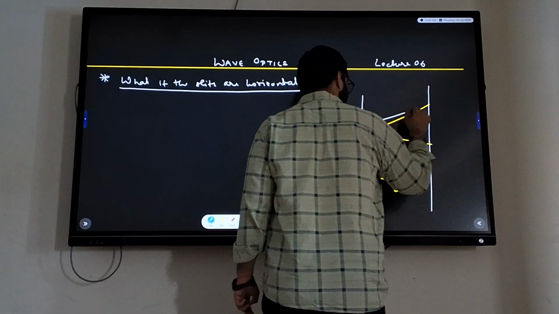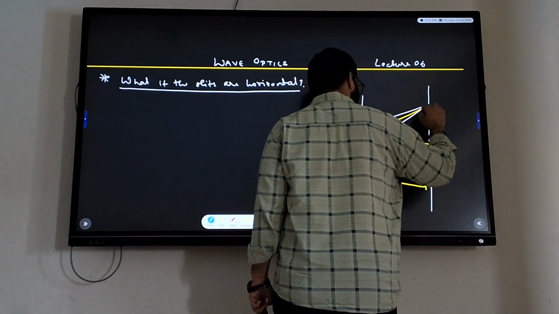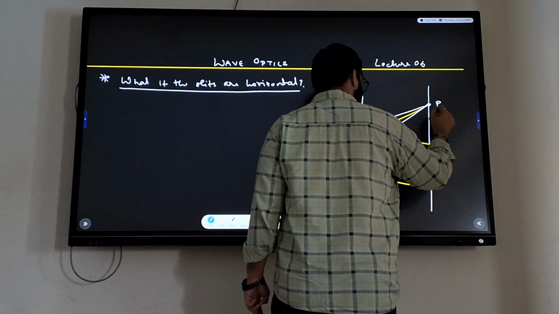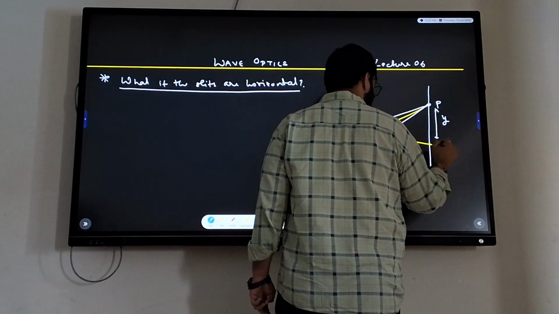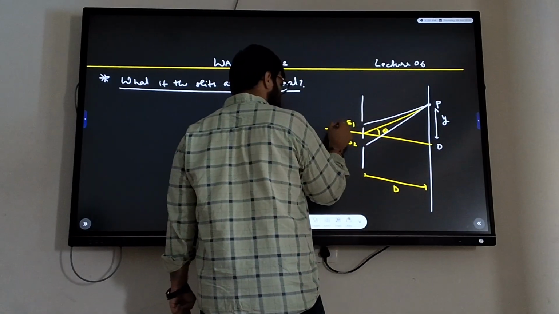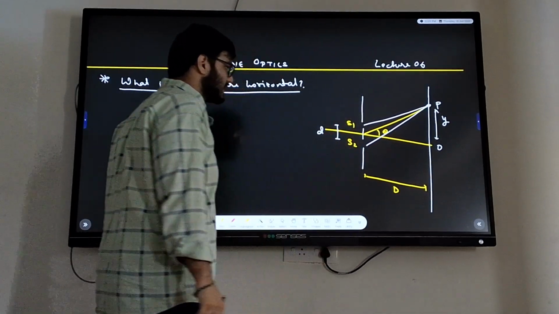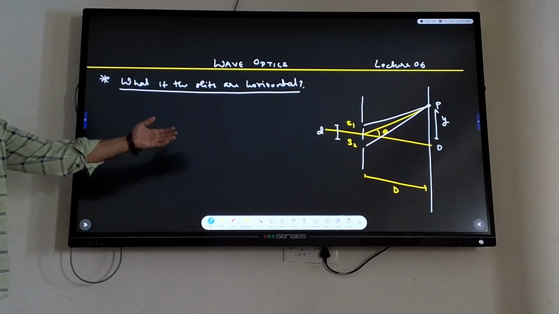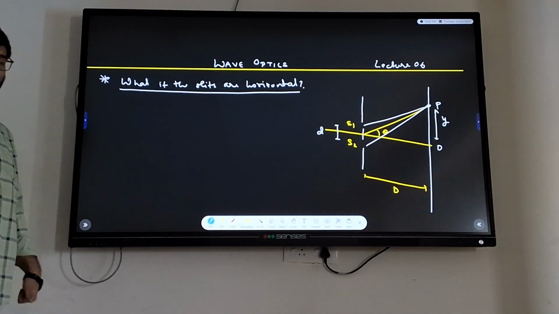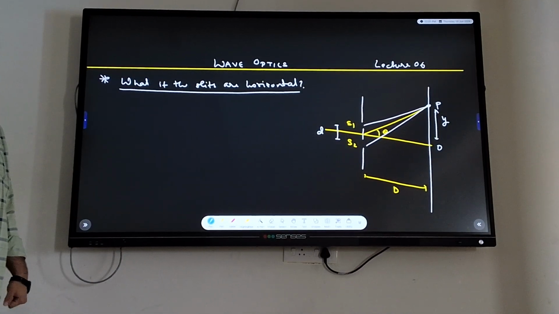So these two will meet there, point P, the distance is small y, this is O, the distance between the slits is small d. And if you remember, we had this kind of setup, and then we used to find what was the path difference between two waves.